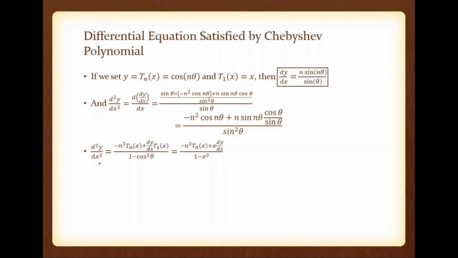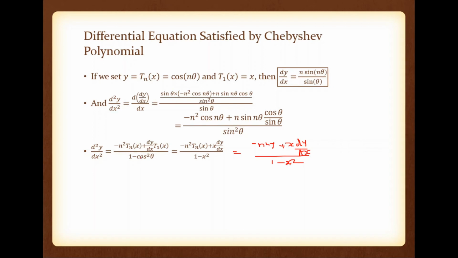So the right hand side denominator becomes 1 minus x square. Or I can write this as minus n square times Tn of x, which is y, so minus n square y plus x dy by dx, all divided by 1 minus x square.